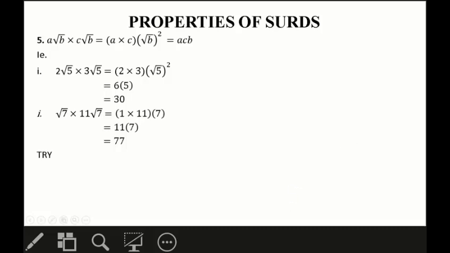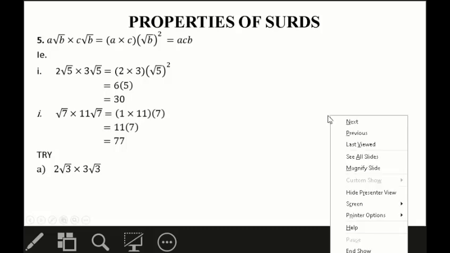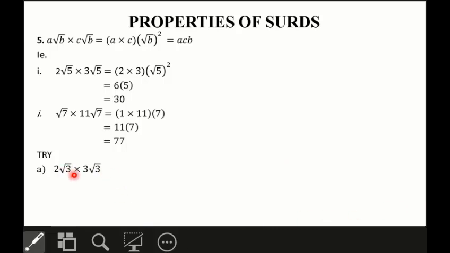The trial question. So we have 2 root 3 times 3 root 3. Work it out and let's compare answers. So when you multiply this, let's see the result you are going to get. We'll get 2 times 3 times 3, which will give us 18, right? Good.